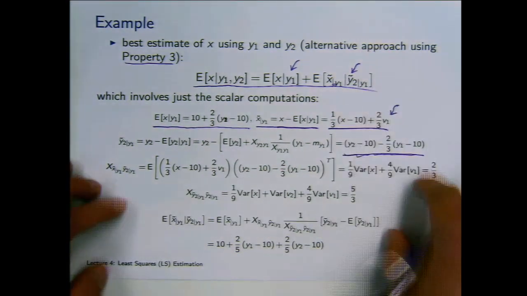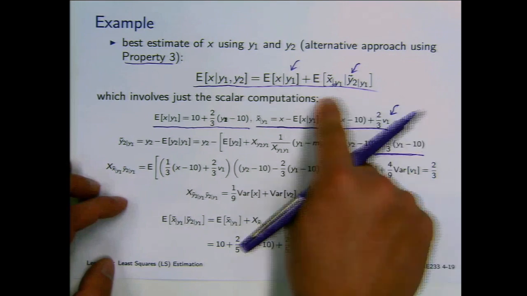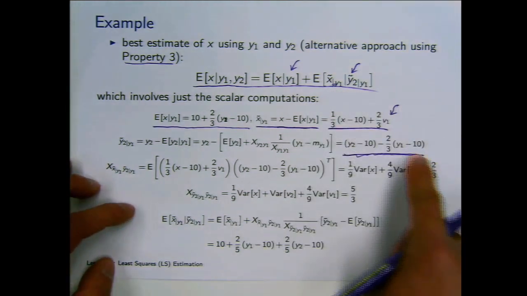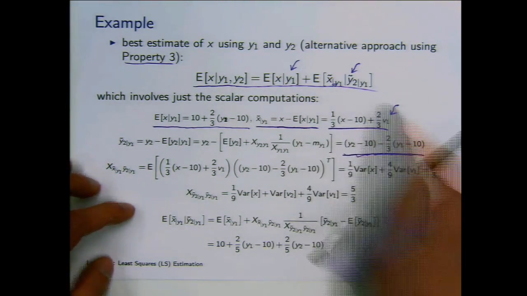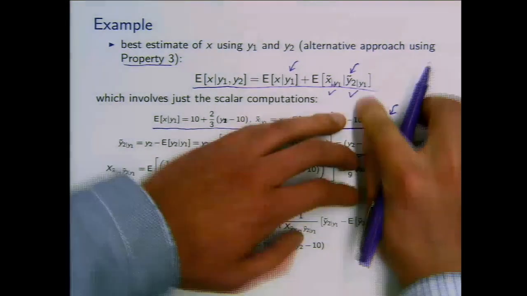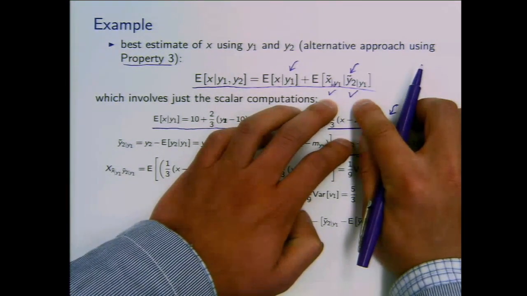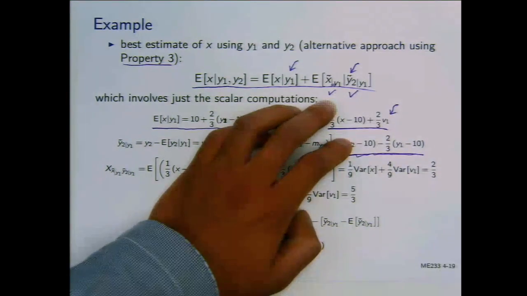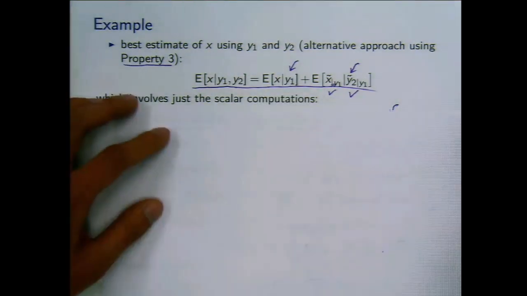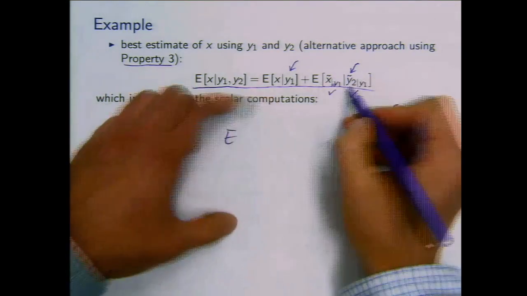Then just follow the notations. One more step to do. What is the conditional expectation? What's the final result going to look like? Again, use the conditional mean equation.